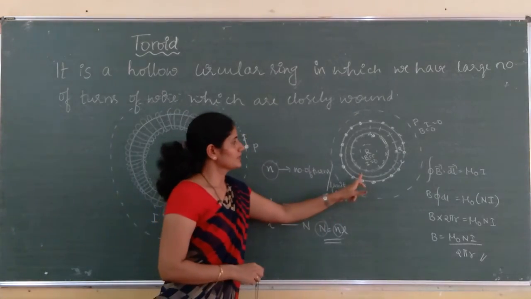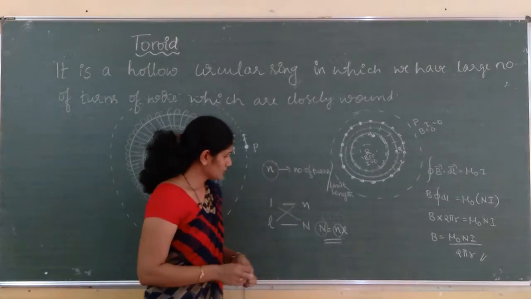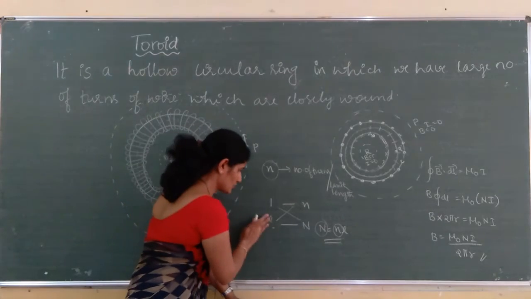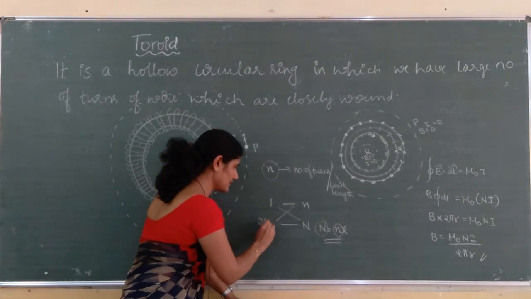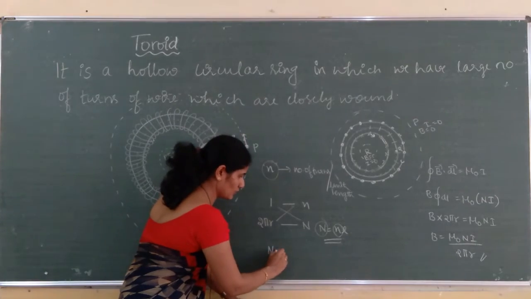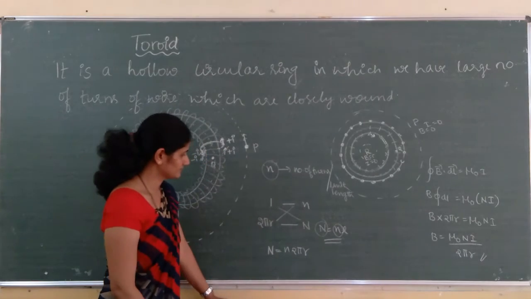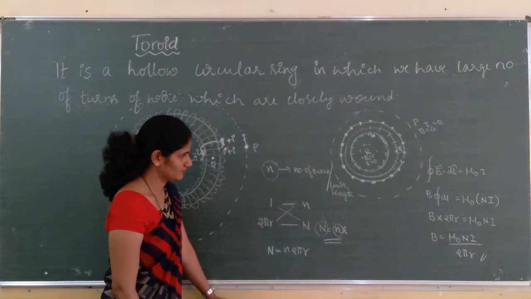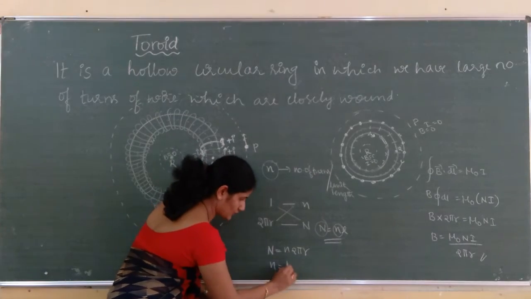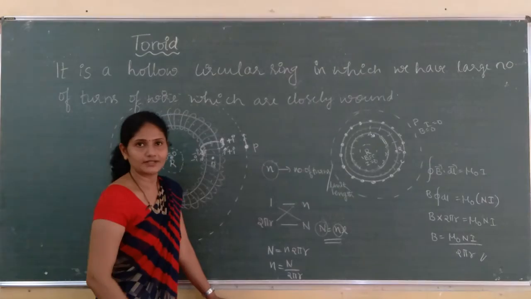Here L is nothing but the circumference of the circle. So, the circumference of the circle is 2 pi r, so L is nothing but 2 pi r. So, n is equal to N divided by 2 pi r, right.